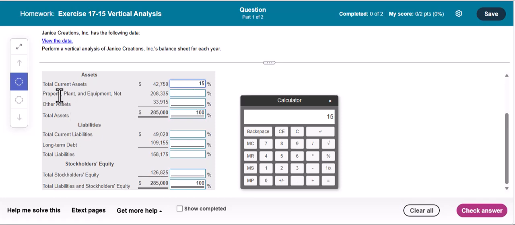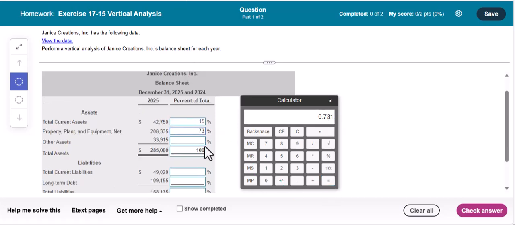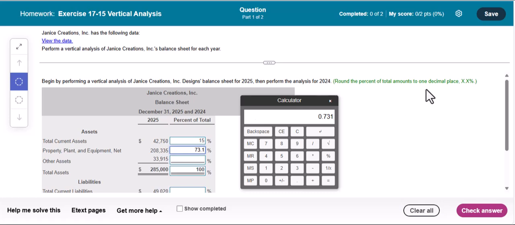And then next, for property, plant, equipment, let's have a look here. 208,335 divided by total assets, and that amount is 73.1%. And that is 73.1 because we are rounding to the nearest decimal for this percent, as given to us here.